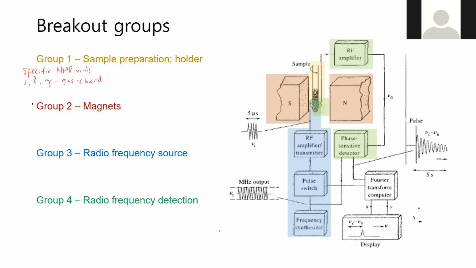But for solid and liquid samples, which is what I have most of my personal experience in, you're typically going to put those inside of your NMR tube and then dissolve whatever solid or liquid you have in some deuterated solvent.